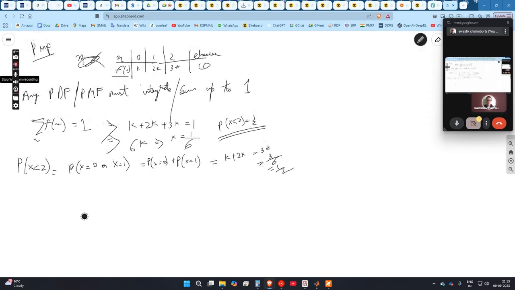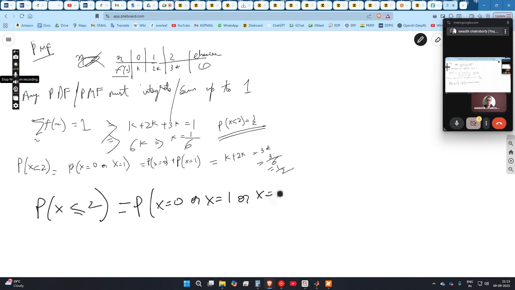Next, what we will do is we'll take P(X less than or equal to 2). P(X less than or equal to 2) is either P(X equal to 0) or P(X equal to 1) or P(X equal to 2). So it will be the sum of three probabilities, k plus 2k plus 3k. And we know that is equal to 1. So what is P(X greater than 2)?